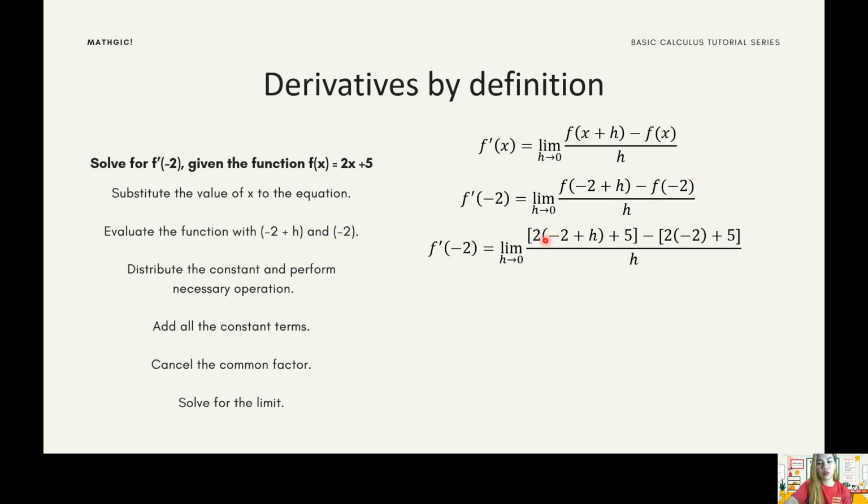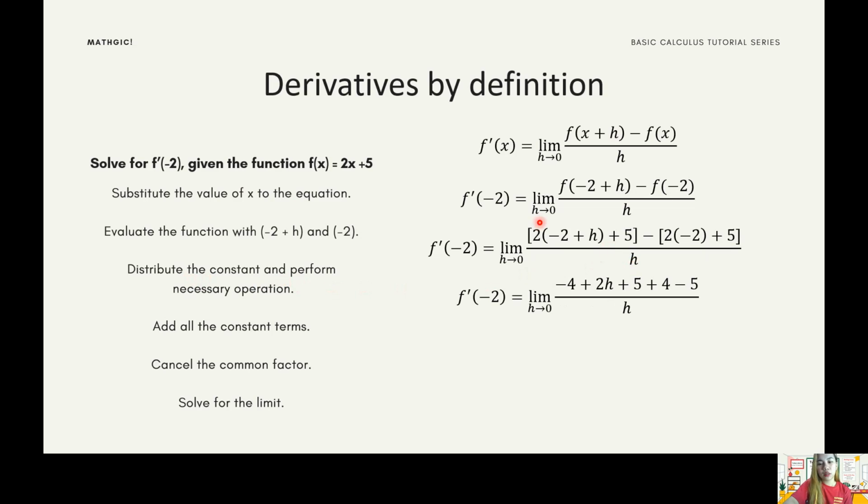So if we evaluate those, we're gonna have 2 times the quantity negative 2 plus h, plus 5, minus the evaluation of f of negative 2, which is 2 times negative 2 plus 5, all over h. Next step, we have to distribute the constant and perform necessary operations.